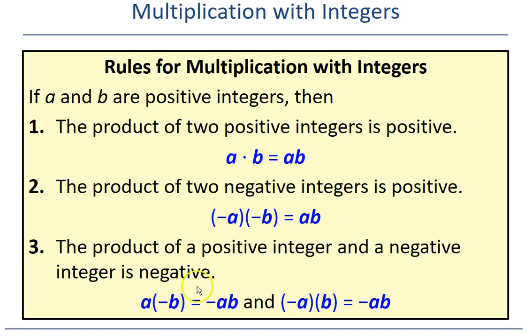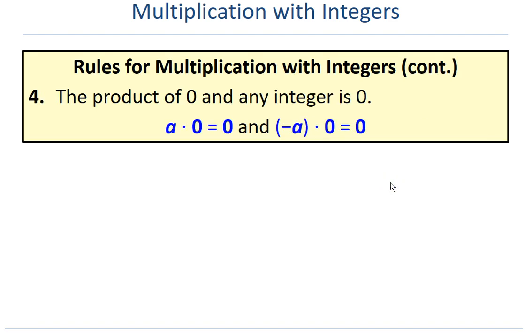If one's negative, one's positive, you get a negative. And the rule for 0. Anytime you multiply anything in a series of factors, if you find a 0, then the answer is going to be 0. The product is what comes about from multiplying factors.